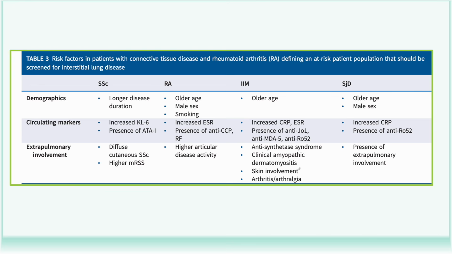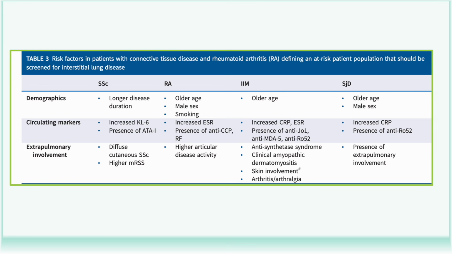So how they do it is by giving us a list of risk factors in connective tissue disease and rheumatoid arthritis, defining those at-risk patient populations that you must screen for ILD, and in these patient populations, you would ask them to undergo a CT scan. So we are trying to stratify the diseases into very distinct risk tiers, and this is important as we move on with this video, and I'll be showing them again because this is how you can personalize screening.